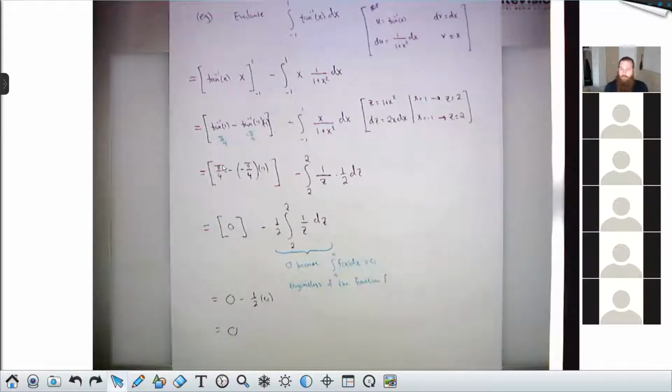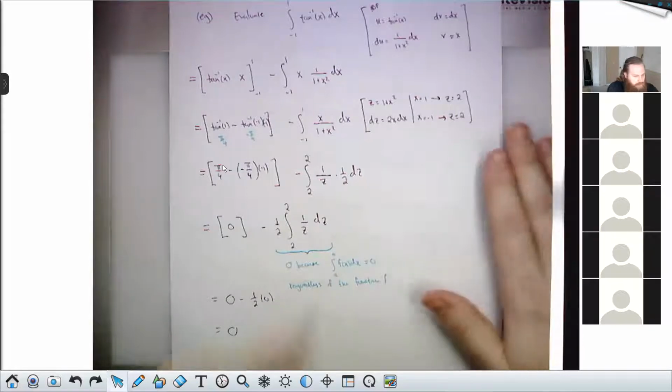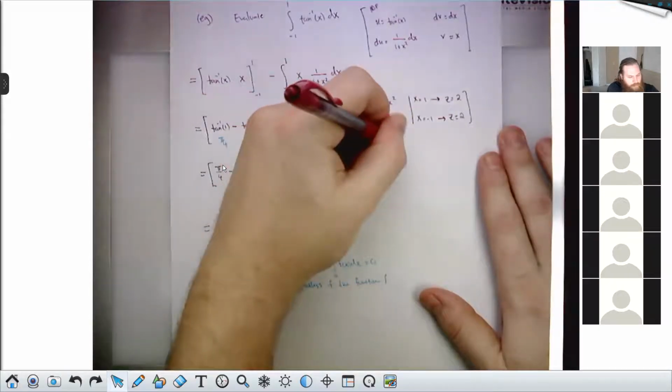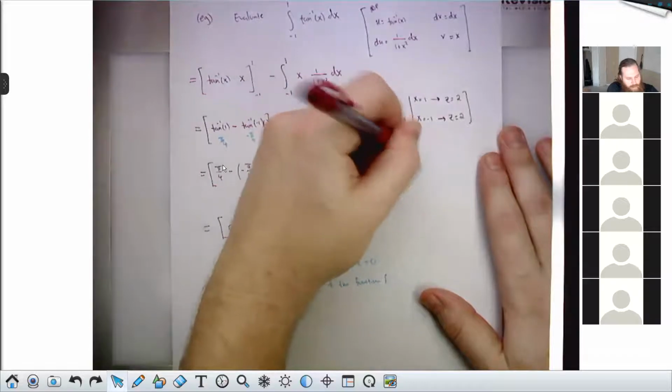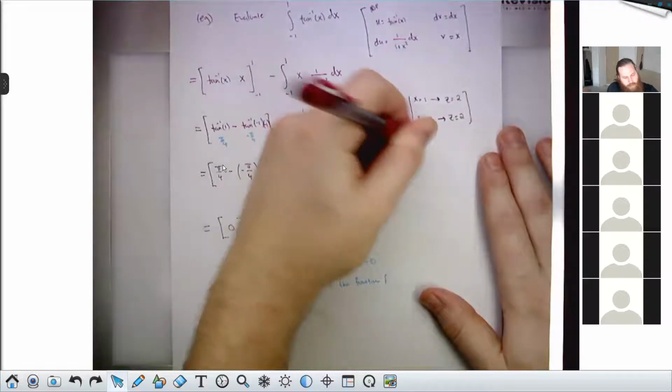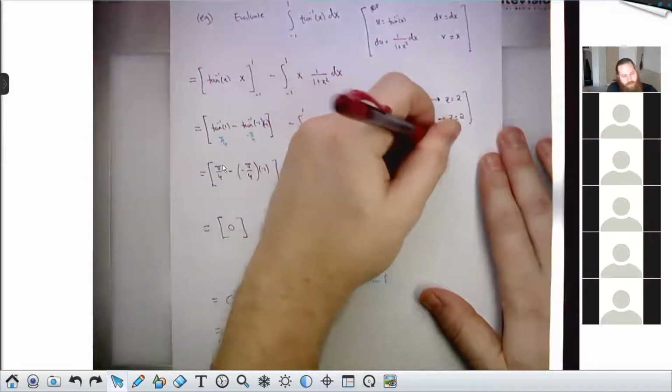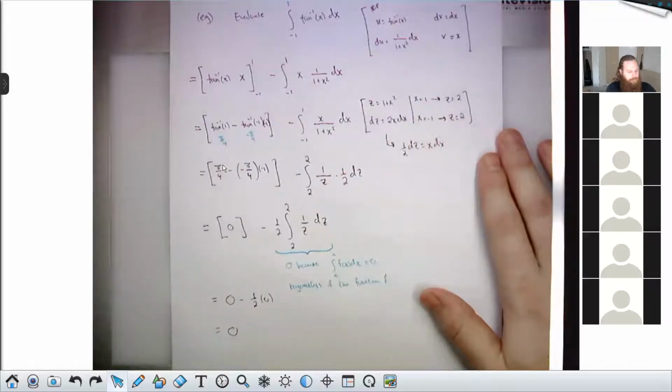Professor, one question. Sure, Ariel. When you get to the part where you have 1/2 dz, I don't see how you got the 1/2. Maybe it would be worthwhile to run this as an indefinite integral. Let's see if I can answer the question quickly. So here, 1/2 dz would be equal to x dx, right? Correct.